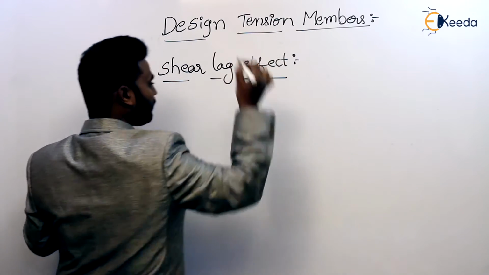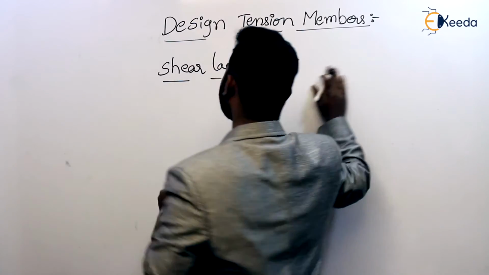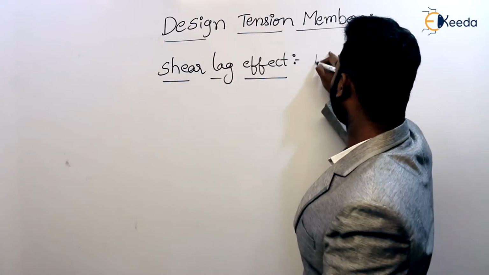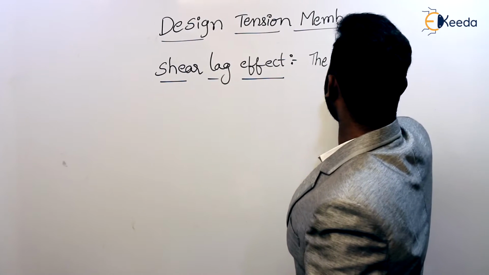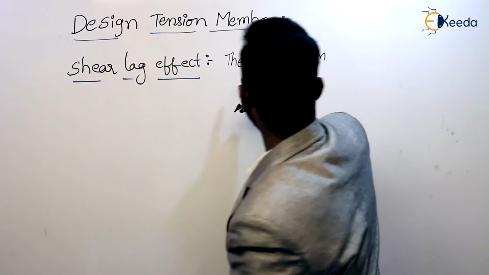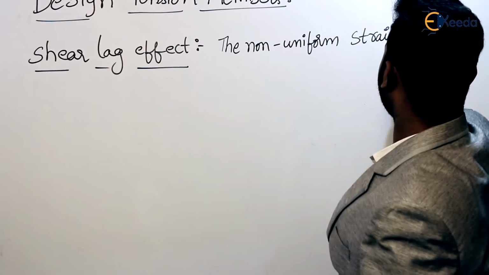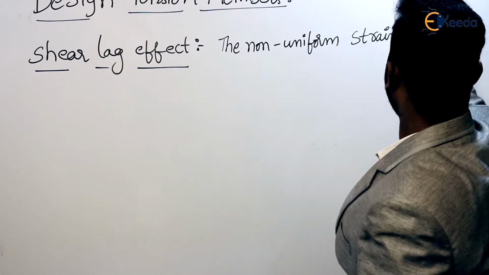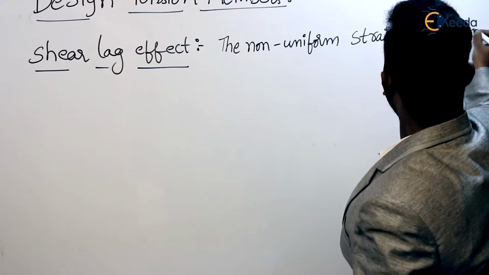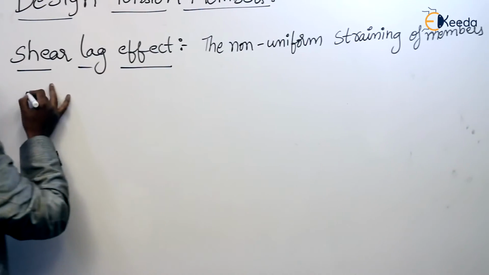Shear lag effect. I will explain this with a diagram. First I will give the definition, after that I will explain. The non-uniform straining of members is called the shear lag effect.